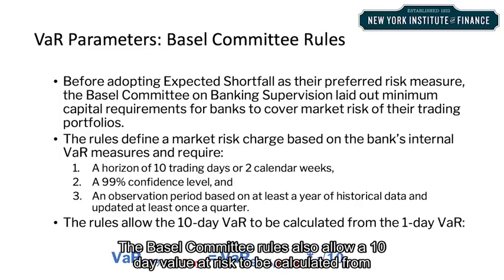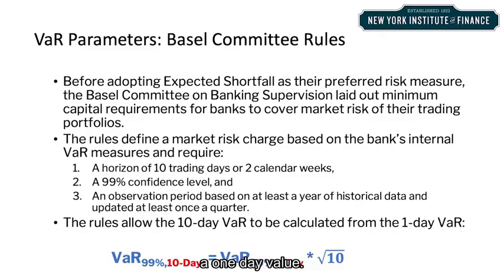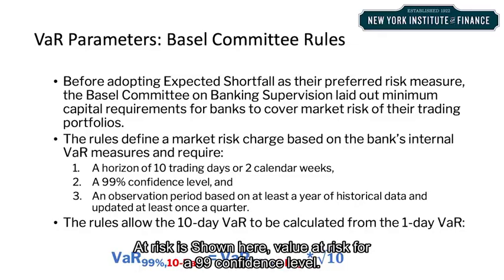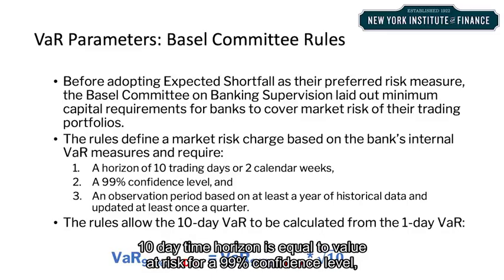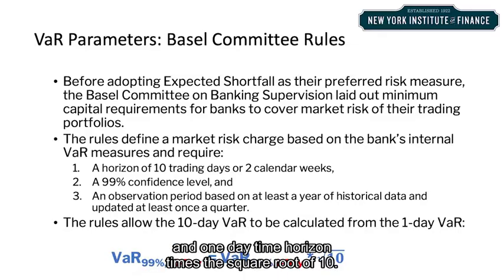The Basel Committee rules also allow a 10-day value at risk to be calculated from a 1-day value at risk as shown here. Value at risk for a 99% confidence level 10-day time horizon is equal to value at risk for a 99% confidence level and 1-day time horizon times the square root of 10.